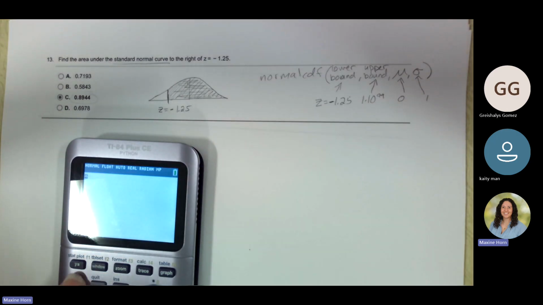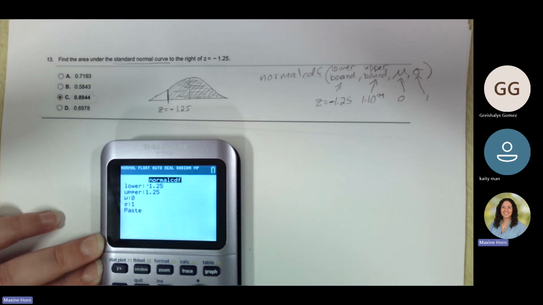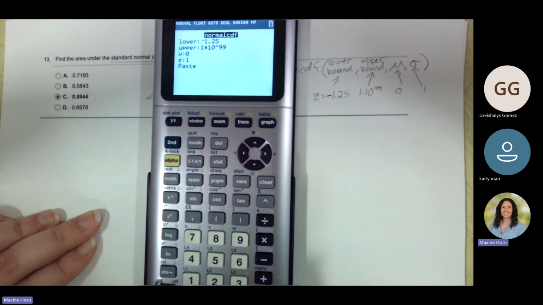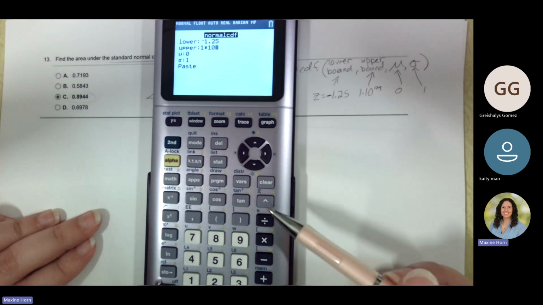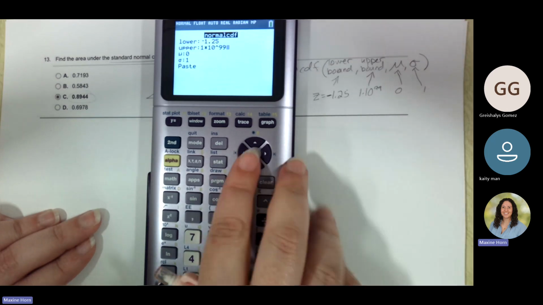So we get to it by going second vars. We can either arrow down to normal CDF or we can just hit 2. My lower bound is negative 1.25. My upper bound is 1 times 10 to the 99th. Sorry, real quick, let me show you how I typed that in case you weren't aware. I did 1 times 10, this is the caret symbol, to the 99th.